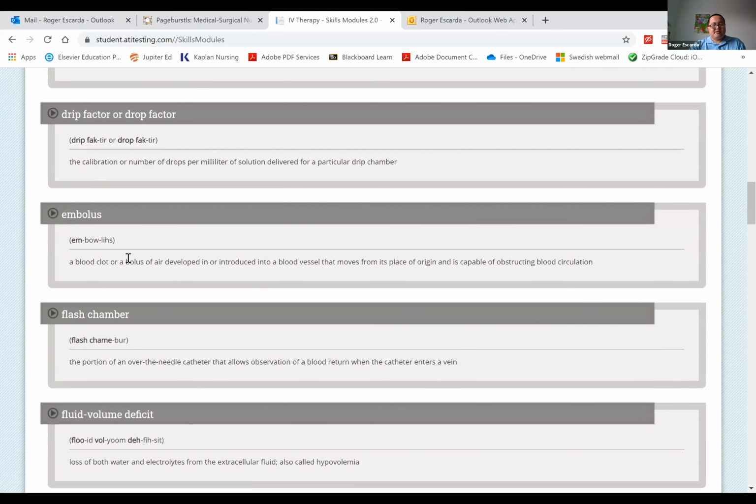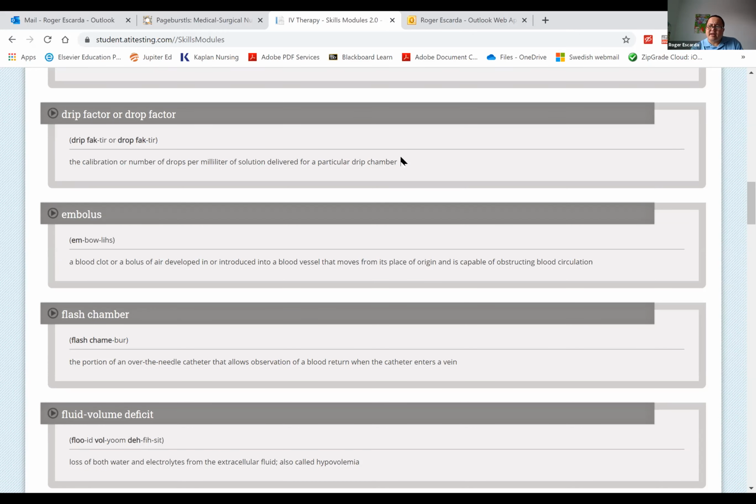Right, embolus. This is anything solid, usually a blood clot, or it could also be air, fat, or a foreign body. The catheter can become an embolus. That's why you need to be careful. Have you guys ever discontinued an IV catheter?